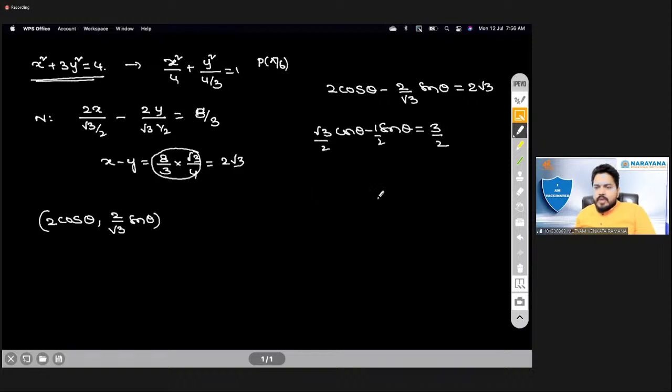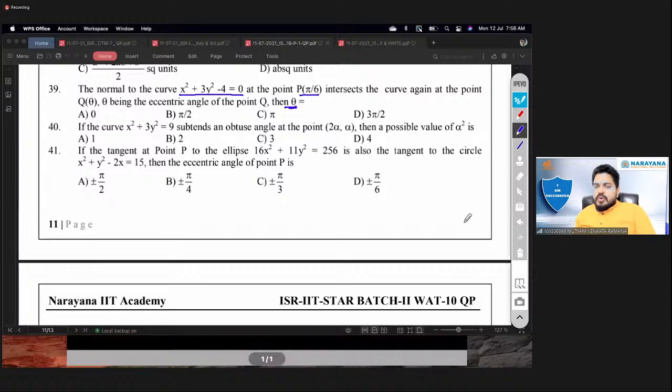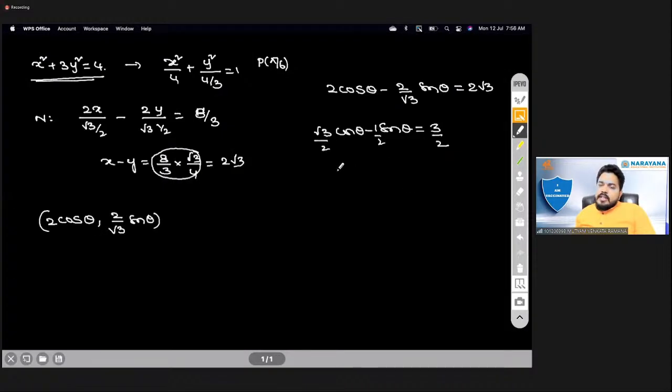Okay, so what are the options? Just a minute. What are the options? Where is the question? If the normal to this meets the curve again at the point, then what is the eccentric angle theta? Yes, so here what is happening? You can write cos of theta plus pi by 6.